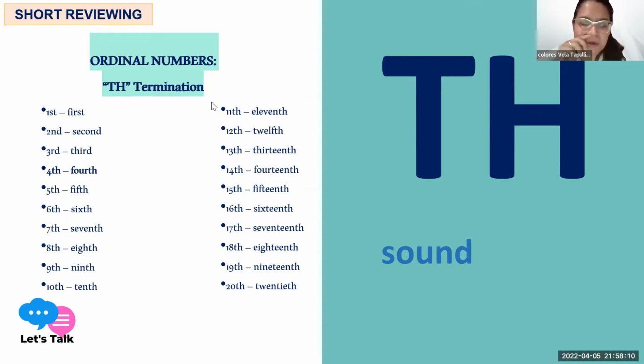We have the other numbers that start. This column starts with 11 in cardinal until the 20 in cardinal, no? So let's continue with our pronunciation.